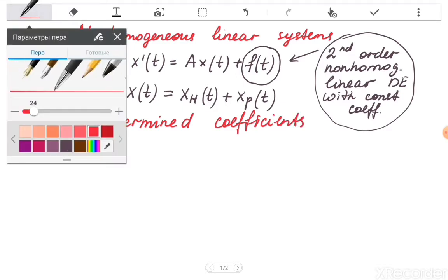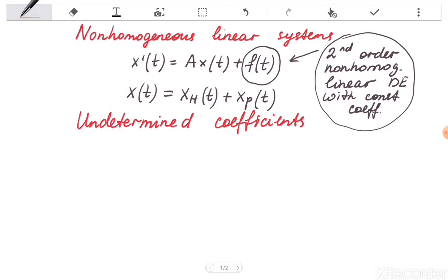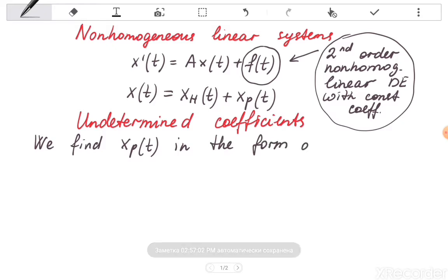In this method of finding a particular solution, we find our particular solution in the form of the function, vector function f of t.